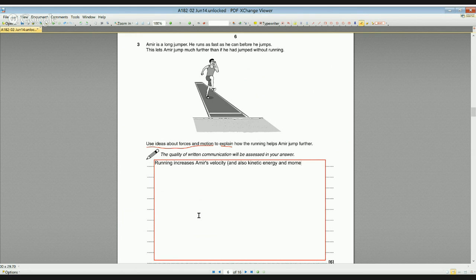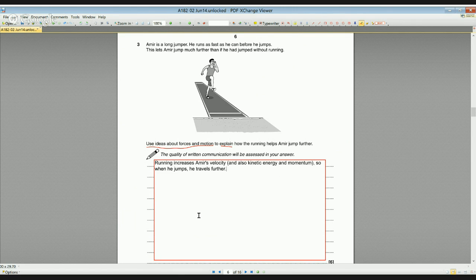I don't need to necessarily say all 3 of those things, but they would all get the mark in this case. So when he jumps, he travels further. We'll explain that below in a moment.